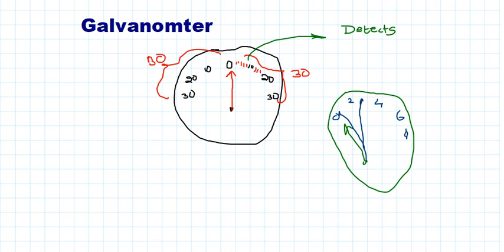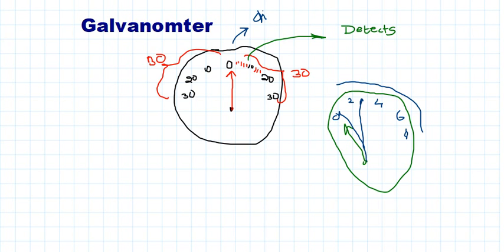Therefore, in the ammeter we have exact numbers from one side to the other side. But here we have 0 to 30 on the left side, similarly 0 to 30 on the other side. You are always measuring in terms of divisions.